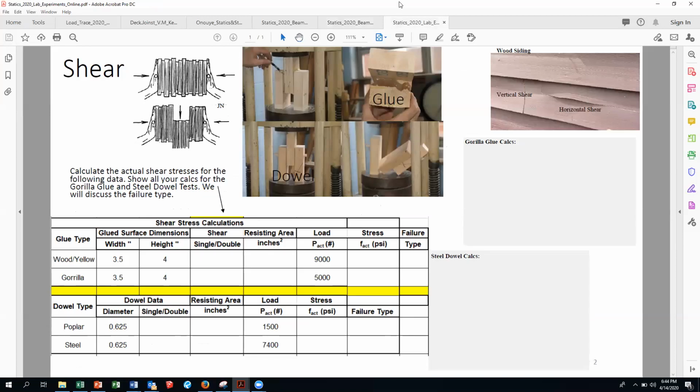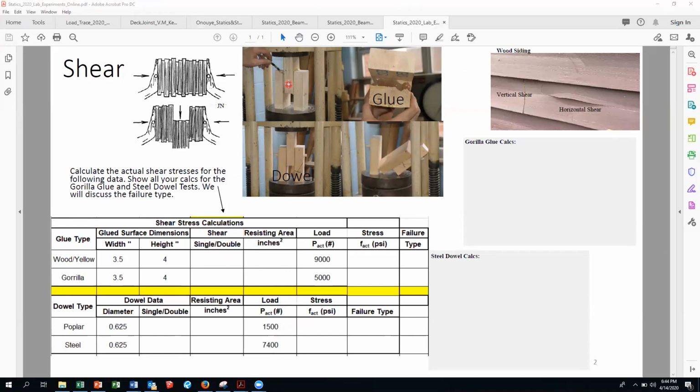Here's the new one that I posted, because one of you was nice enough to tell me that I screwed up and did not give you the load. So what I did there is I added a new column to the wood, asking, is that in single or double shear? So this picture of the wood, is that in single or double shear?